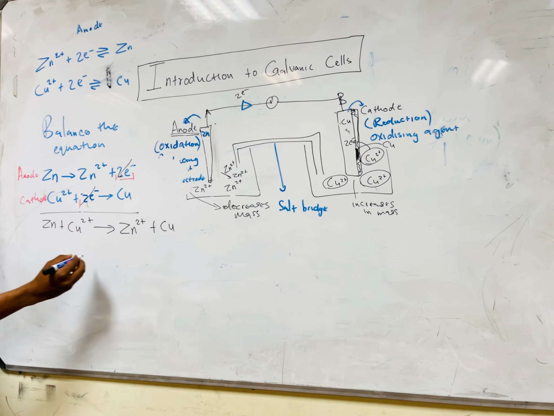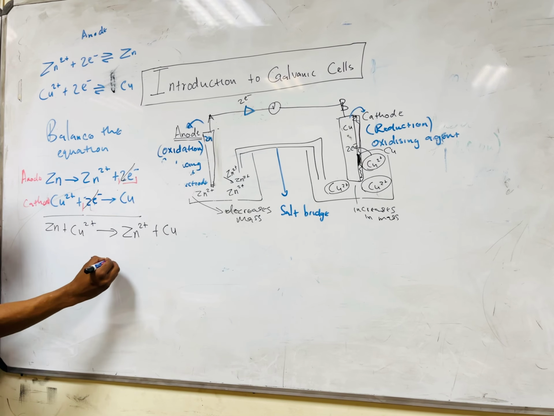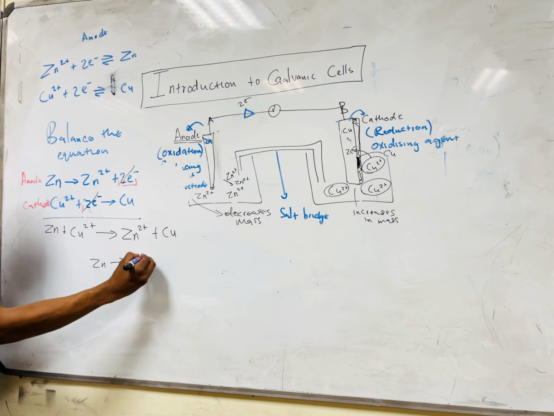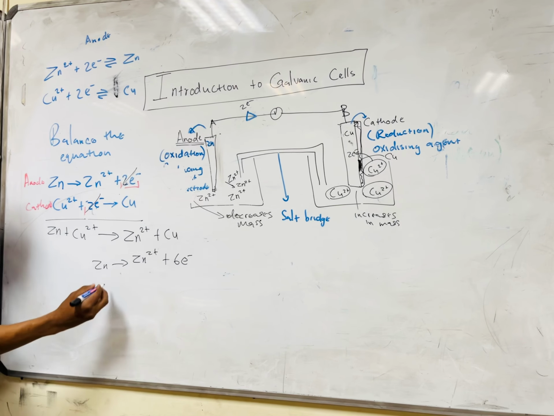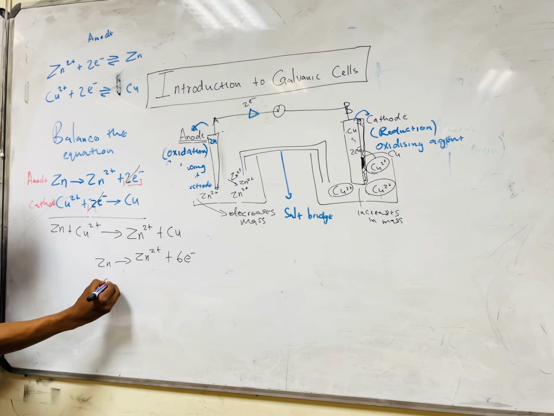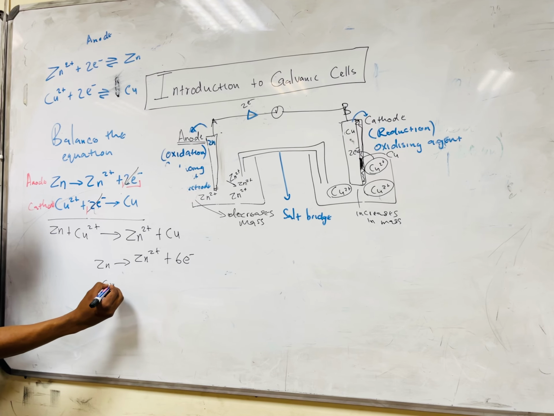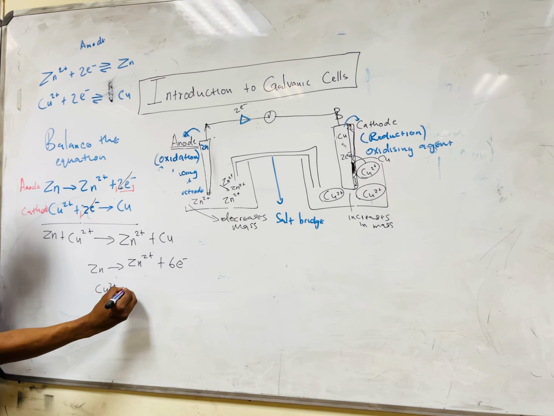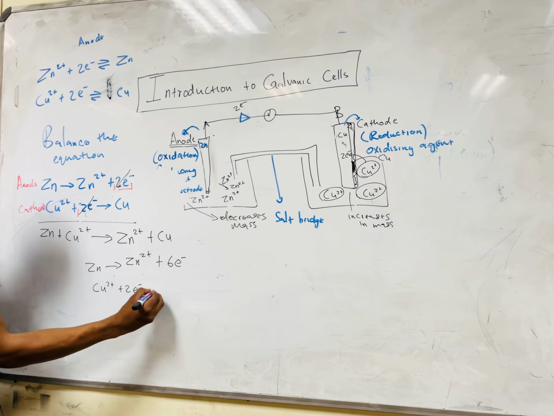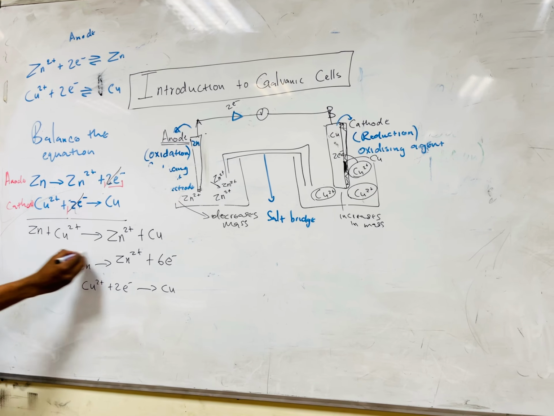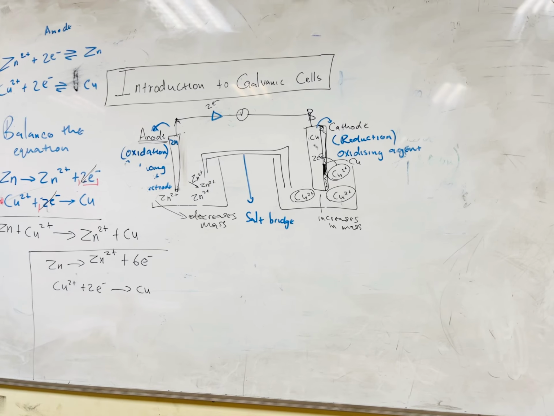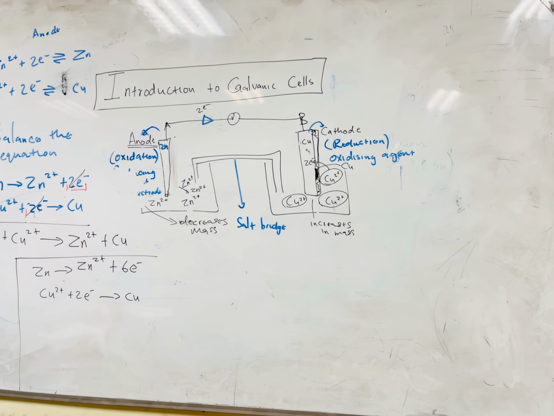Let's assume that you were given something like this. I'm just making an example, I know this doesn't exist. So we have 6e⁻, and on this side we have Cu2+ + 2e⁻ into Cu. We are done with the first one, which was accurate. Here I'm just making an example.